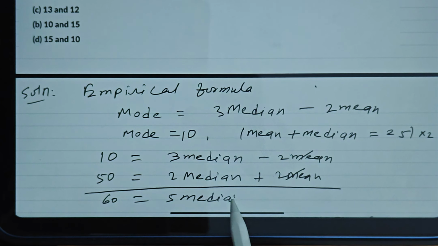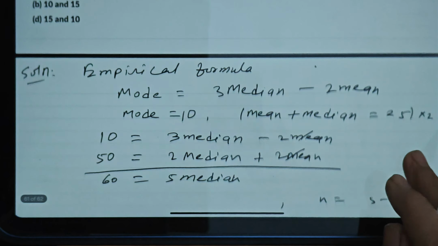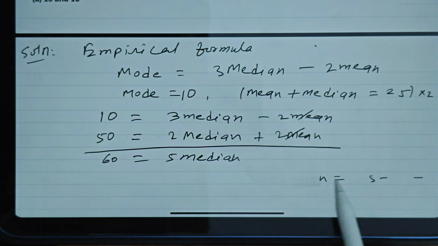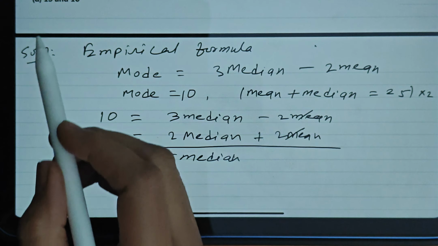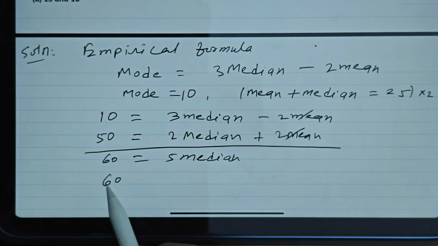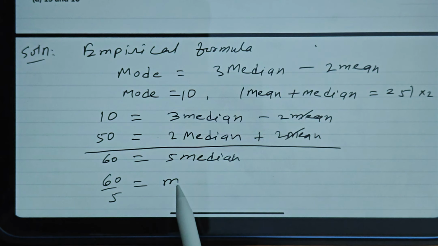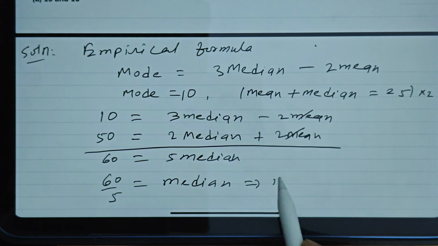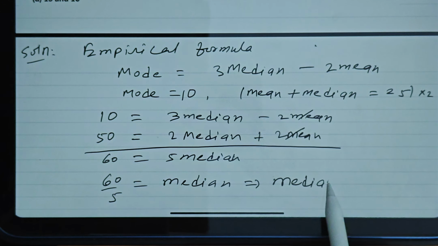Okay, you can solve it in other way also, whatever way you like. I have done this method. Okay, linear method you can also use. So 60 upon 5 is median. So this will give you median as 12.